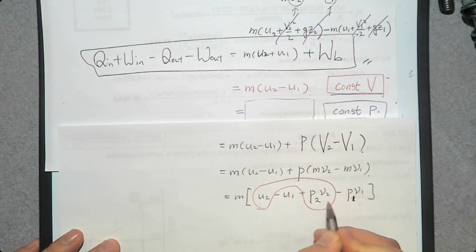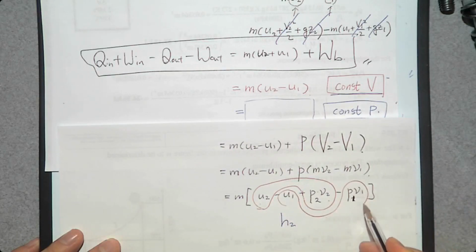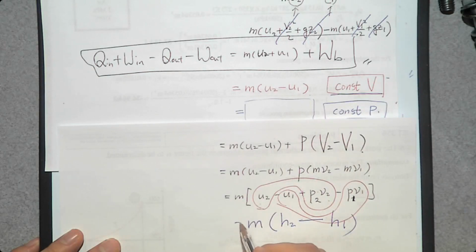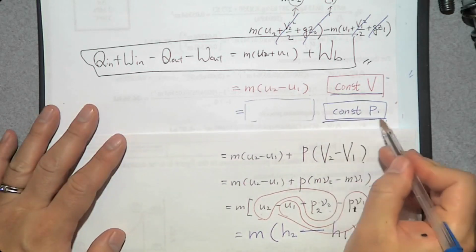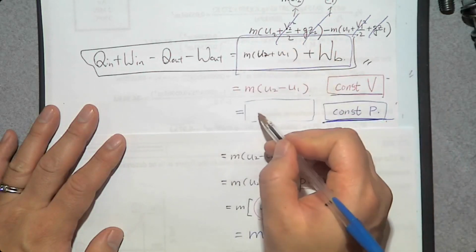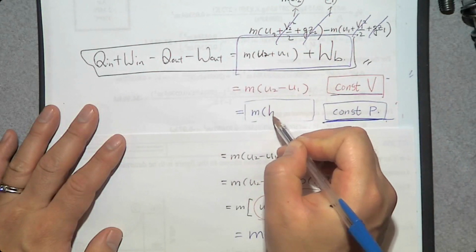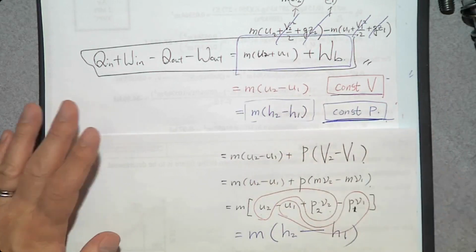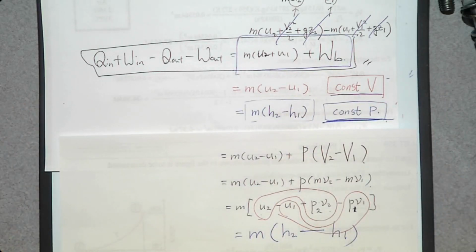So U2 plus P2 V2, that is H2. And U1 plus P1 V1 is H1. So H2 minus H1 times mass. When you have a constant pressure process, the right-hand side of this ugly equation is simply M times H2 minus H1. Do you remember when I introduced this enthalpy H? It has no meaning in thermodynamics, but it is convenient.